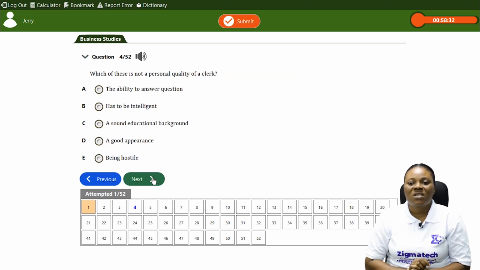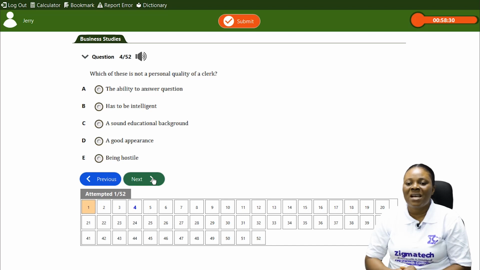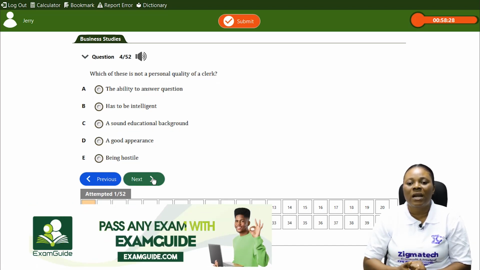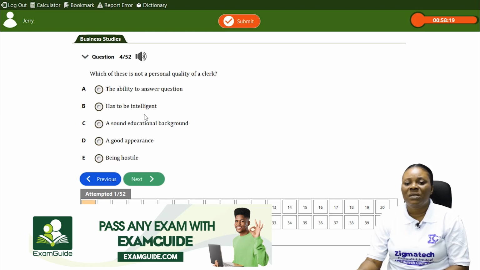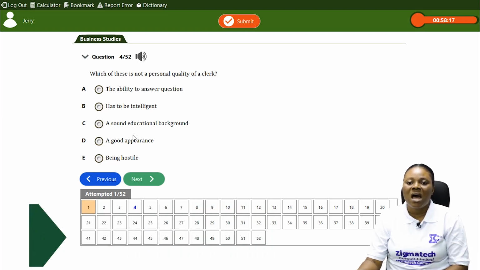The next question says, which of this is not a personal quality of a clerk? Remember, we looked at the qualities of a clerical staff. A, ability to answer questions. B, has to be intelligent. C, a sound educational background. D, a good appearance. E, being hostile.